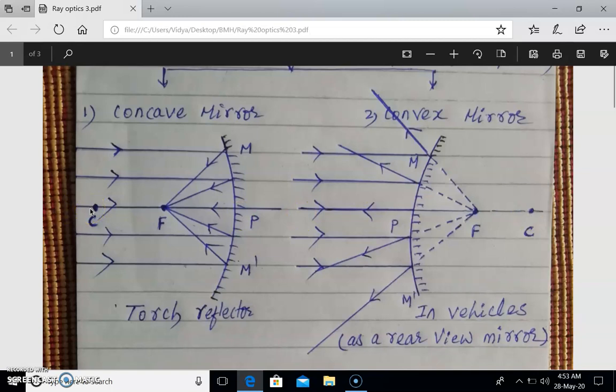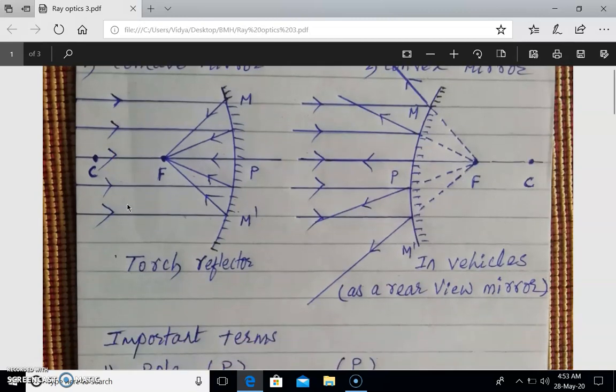The center of curvature of a spherical mirror is the center of the sphere of which the mirror forms a part. Radius of curvature, third term. The radius of curvature of a concave or convex mirror is the radius of the sphere of which the mirror forms a part.